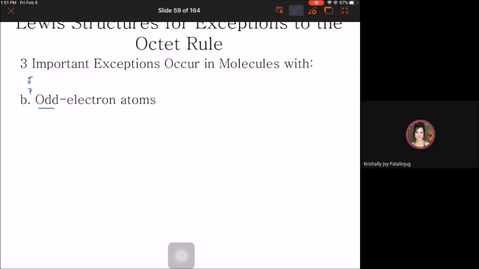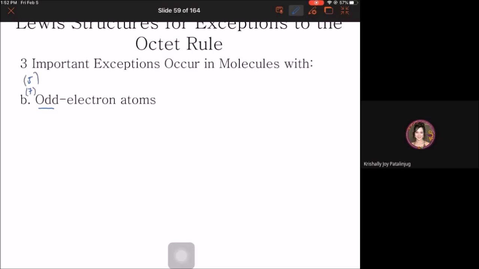So, odd. Okay? Kaya di ba when you distribute an electron, dapat in pair sila. So, upon distributing the remaining electron, makikita na may sobra na unpaired.